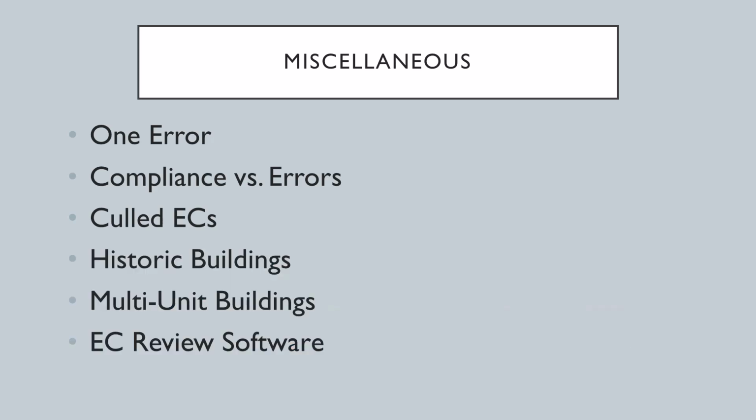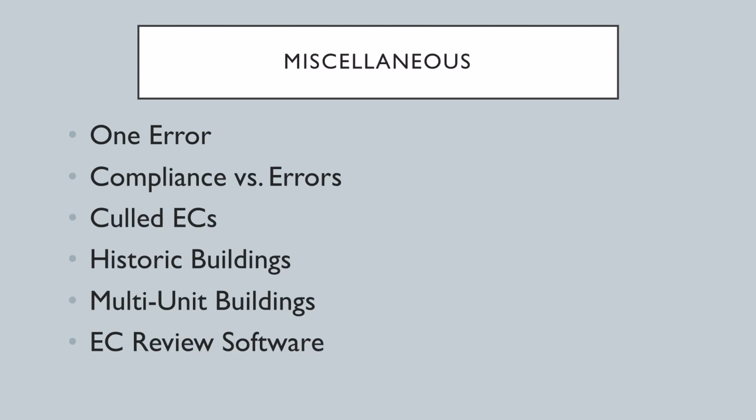If a structure fits the NFIP definition of a historic structure, then a 50% or more improvement to the building or repair from damage does not qualify as a substantial improvement. Since it's not considered a substantial improvement, CRS does not require communities to submit an EC for it. However, it is a best practice to obtain one for your local records and mark it on your permit list as a non-substantial improvement.